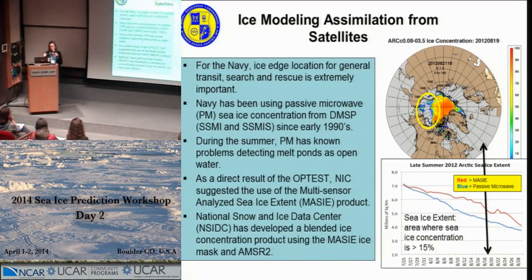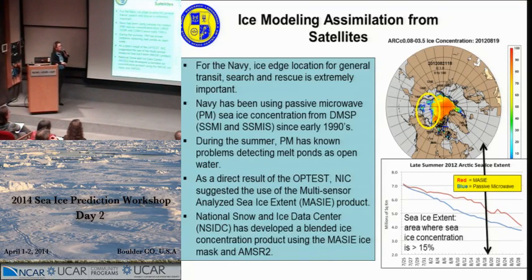So in order for a model to go operational, it has to go through an op test. The NIC was our op test source that completed our validation, and they suggested that we use their product called MASIE, the Multisensor Analyzed Sea Ice Extent product. This is a hand-derived ice cover mask, so it's a binary file, a 1 or a 0.